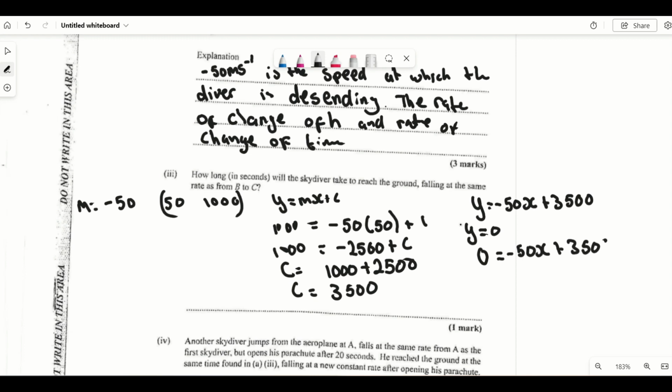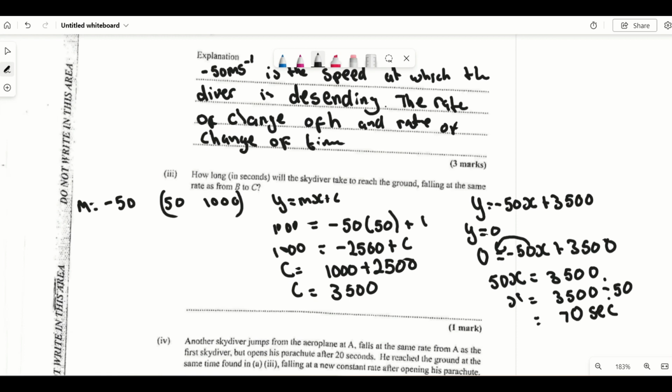We're going to make x the subject. We always want positive x, so carry across negative 50. That's going to turn to 50x equals 3,500. So x would be 3,500 divided by 50. If we carry across multiply by 50, it's going to turn to divide. And when we divide this, you're going to get 70. And this is in seconds.